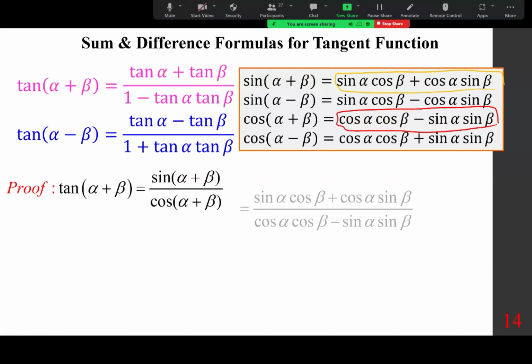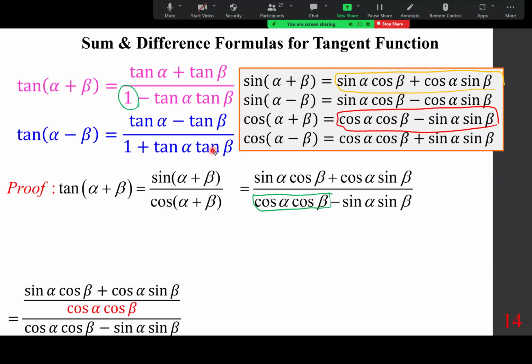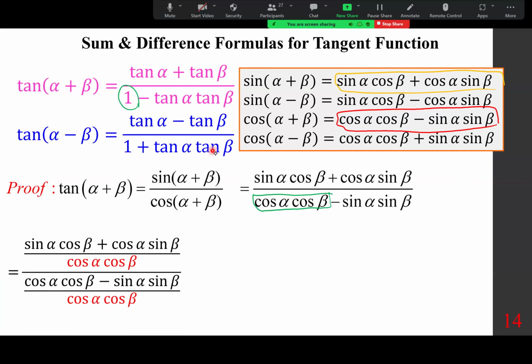This in the denominator. Notice this one is 1. How do you make this one 1? Divide by itself. If you divide by cosine alpha, cosine beta, everything, this becomes 1. So let's divide every term by that.